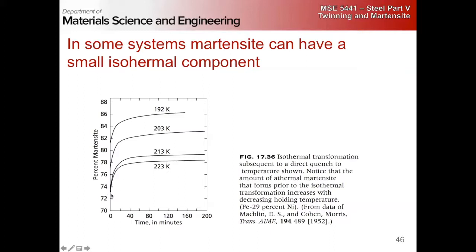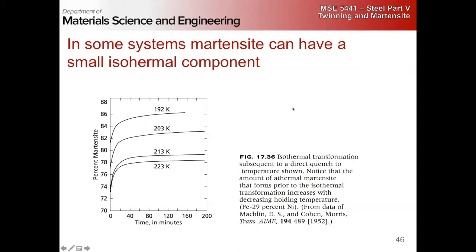But notice the extent of the time-dependent nature versus the axis here, right? So if you quench down to 192, you sort of instantaneously get 81% martensite, the athermal component. And then you go from 82 to 85, an additional 3% isothermally after a hold, right? So generally, this is not really considered a big effect.